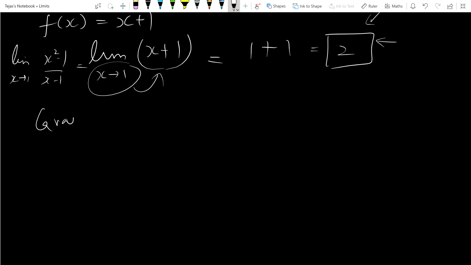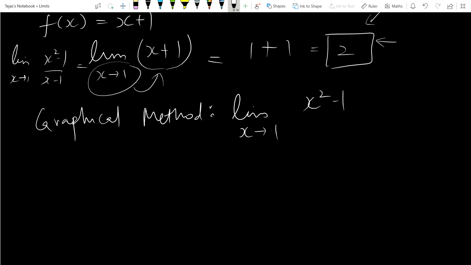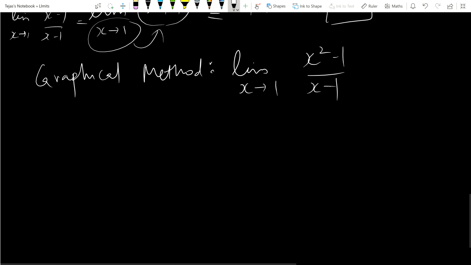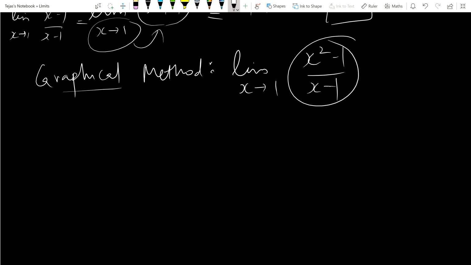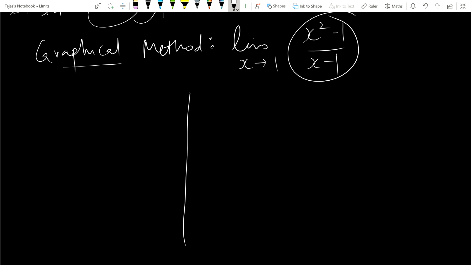So we'll see the graphical method of limit x tends to 1, x squared minus 1 upon x minus 1, right? So basically you draw the graph of this function. Here is 1, here is 1, minus 1, minus 2, 2.